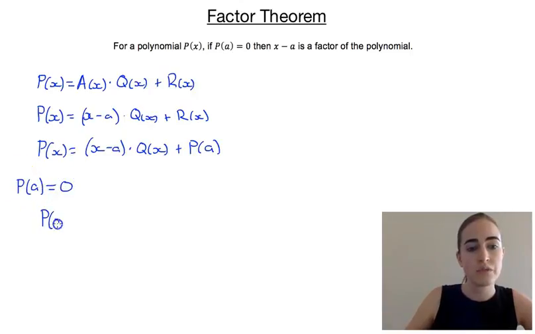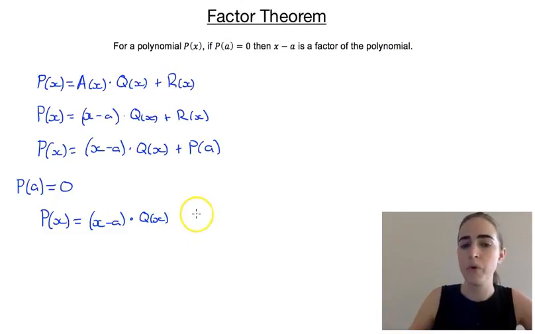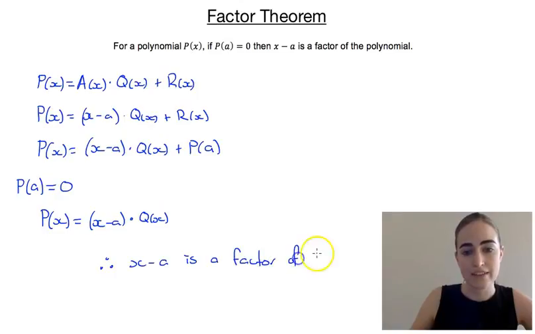So that's going to leave us with p of x equals x minus a times q of x plus 0, but we won't put that plus 0 on because it doesn't make any difference. So we're just left with this, which means that therefore x minus a is a factor of p of x because it's just a multiple of a quotient.